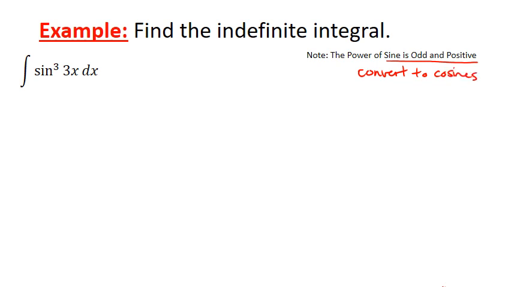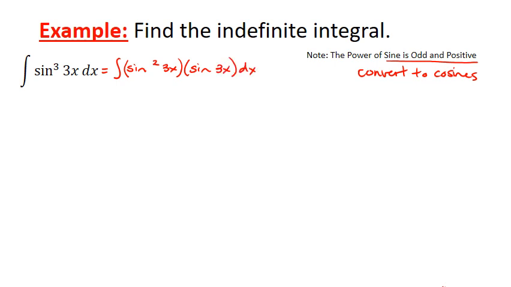So what I'm going to do is I'm going to rewrite this but I'm going to just pull out one of the sine of 3x's. So this will be rewritten as sine squared of 3x times sine of 3x dx.